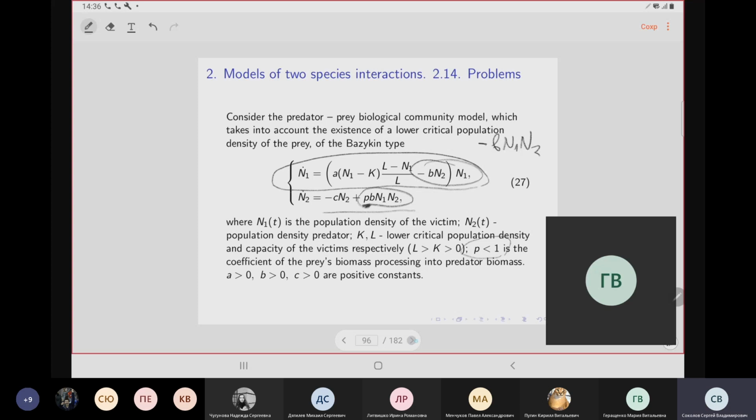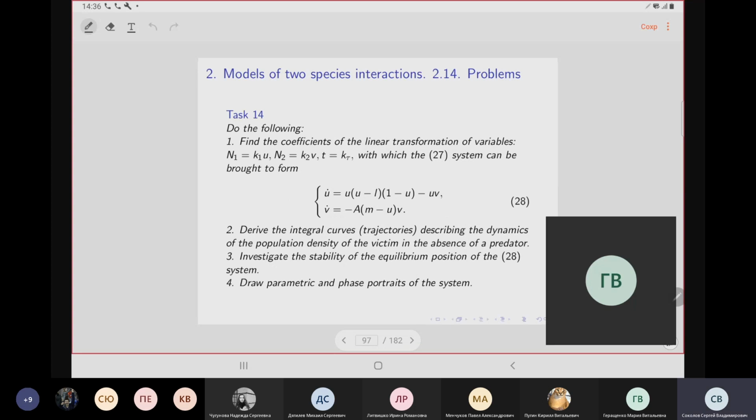So consider this model and do the following. First of all, find the coefficients for the linear transformation of variables, under which the initial system can be rewritten to this form.